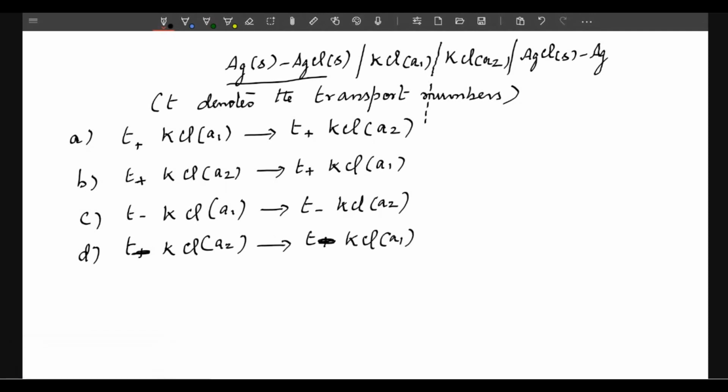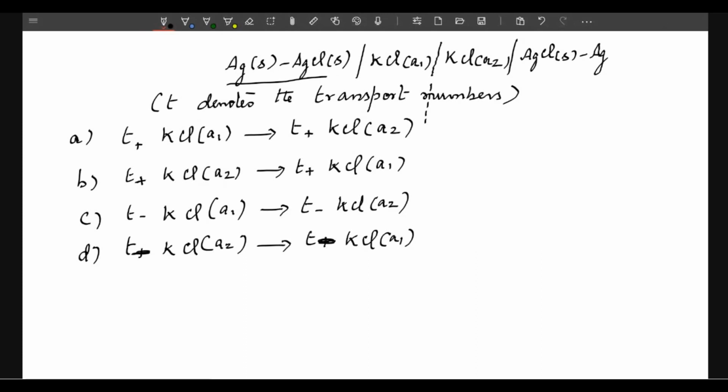Here, what is the overall reaction? The overall reaction can be easily given by you. We have already given these activities, you may remember; otherwise I will give you the clue.